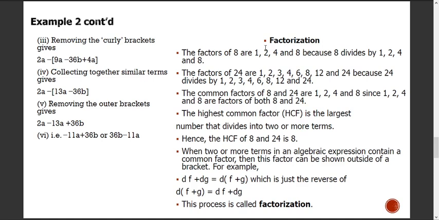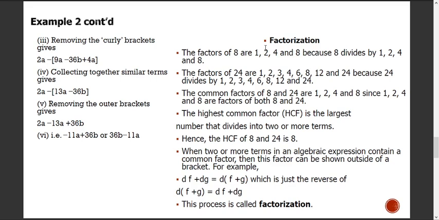We can write 14 in terms of 2, dividing 14 by 2 gives 7. We also have an x squared and an x, so the highest common factor of x squared and x is x.